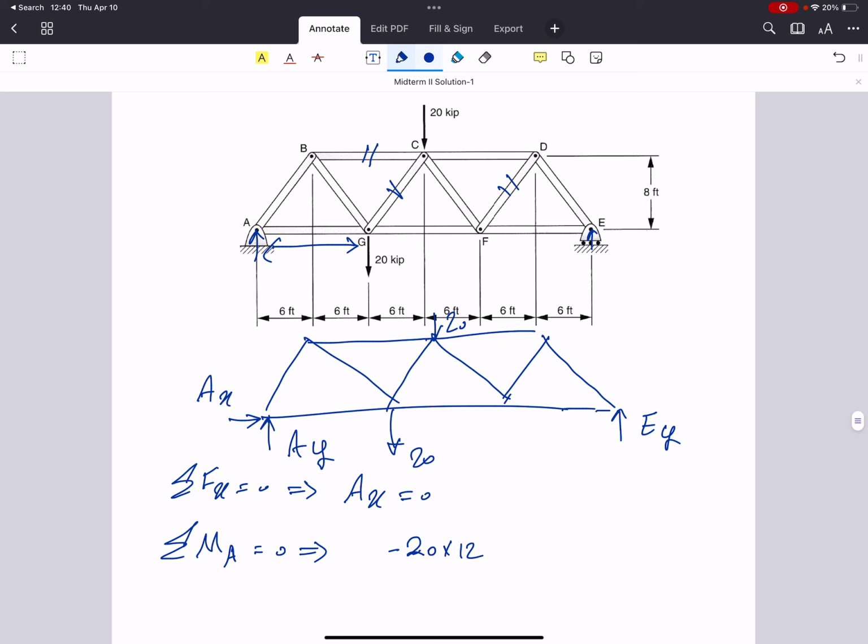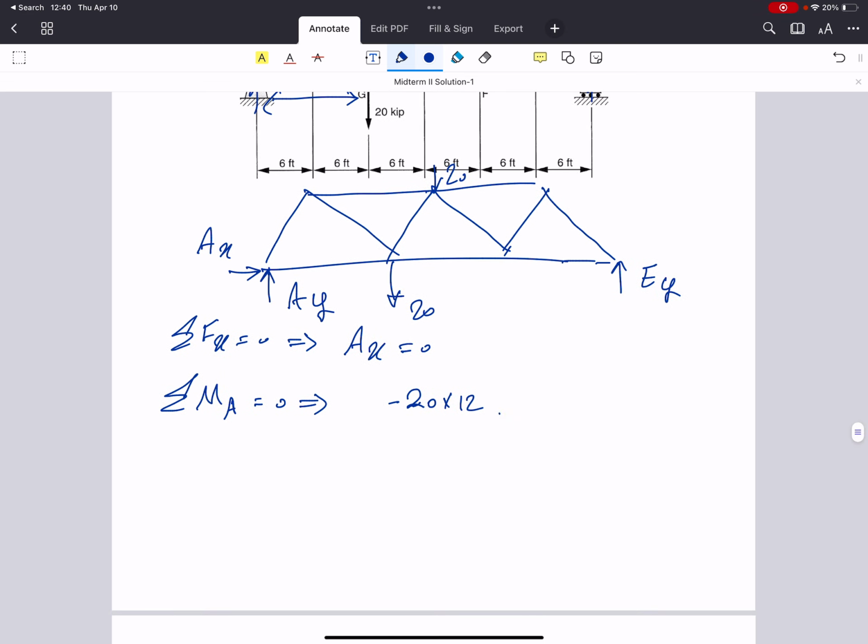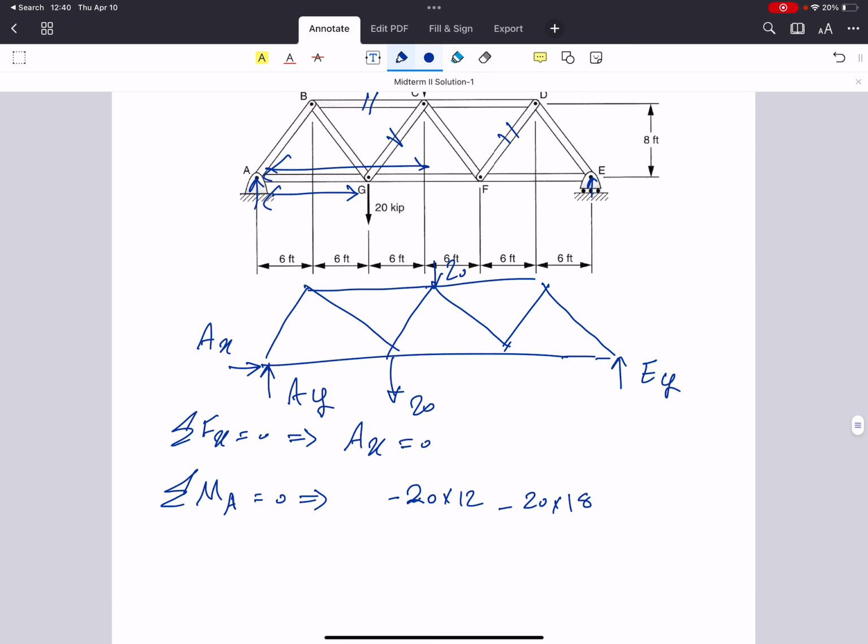And how about this one? This is 18, again negative, 20 times 18. Then we have EY going up. This is 36. So once we solve it, we find 18.67, and that is kip.